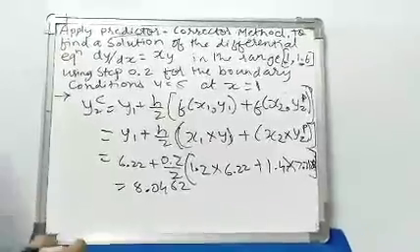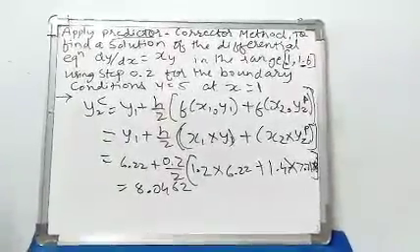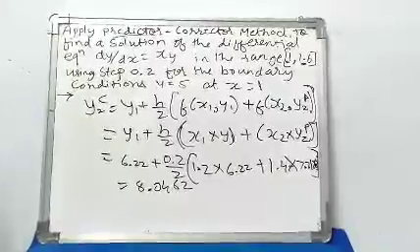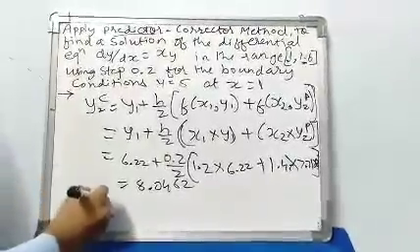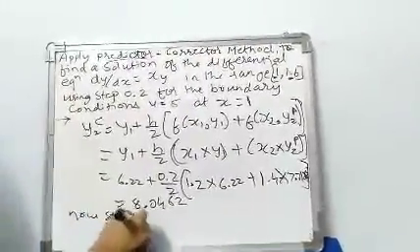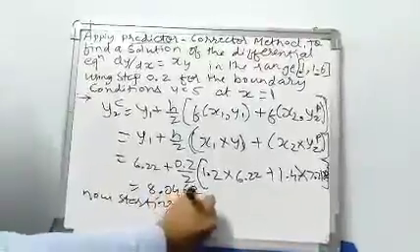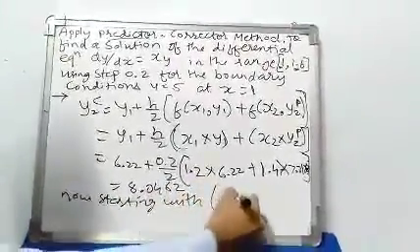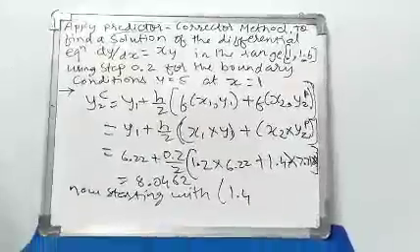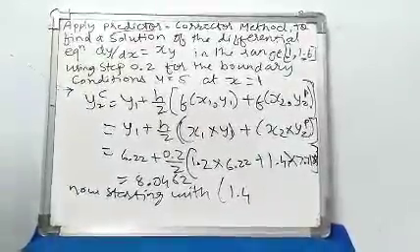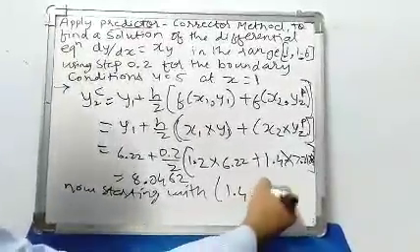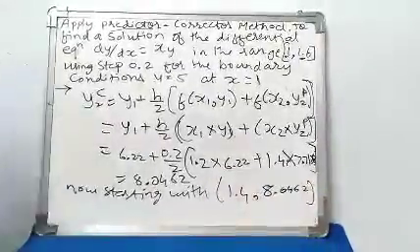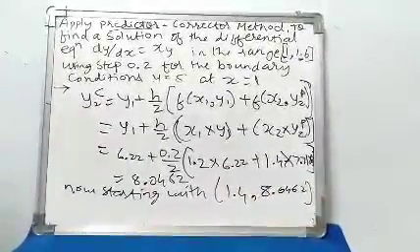Now, starting with 1.4 comma 8.0462, we have to start from here.